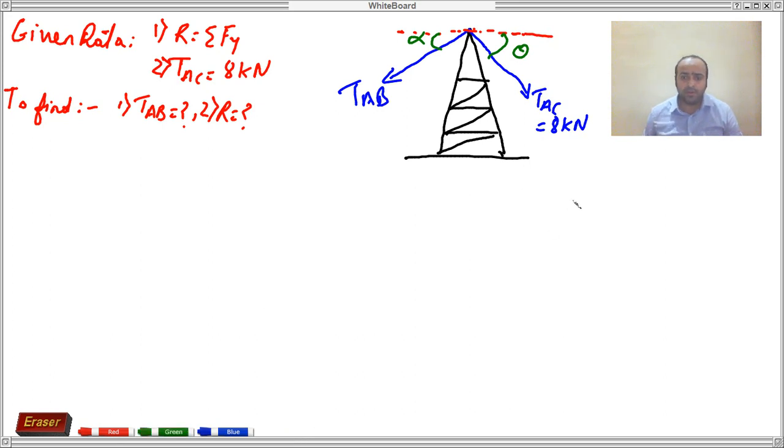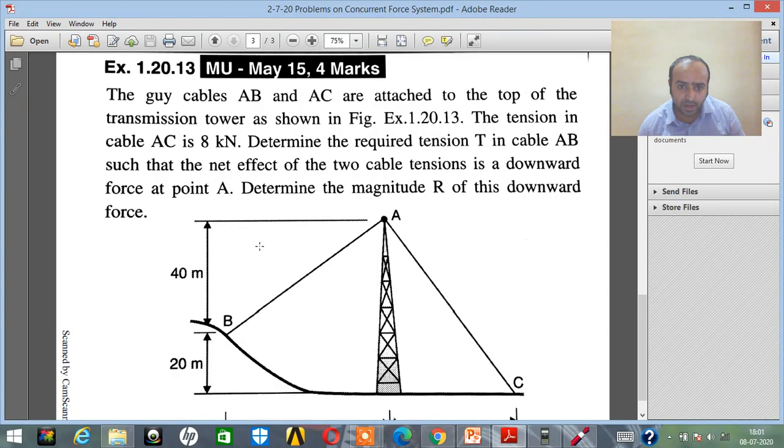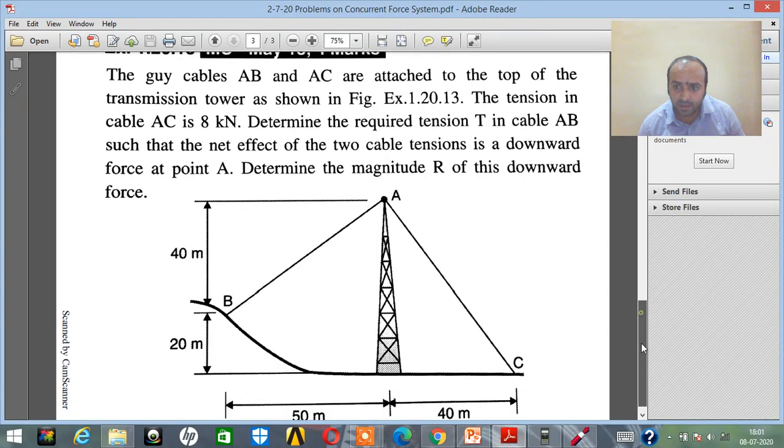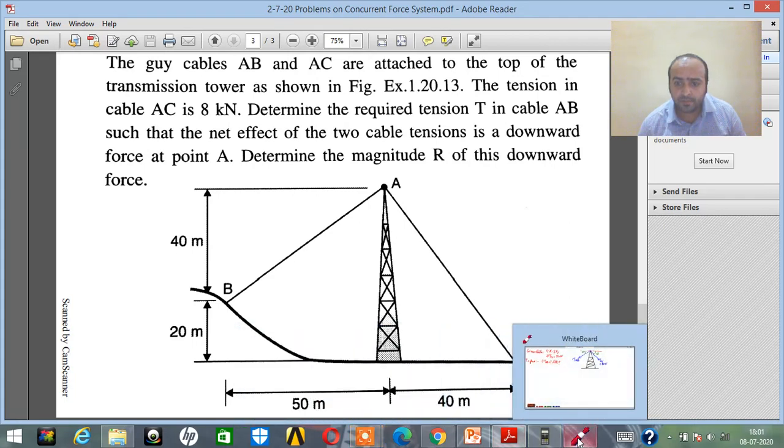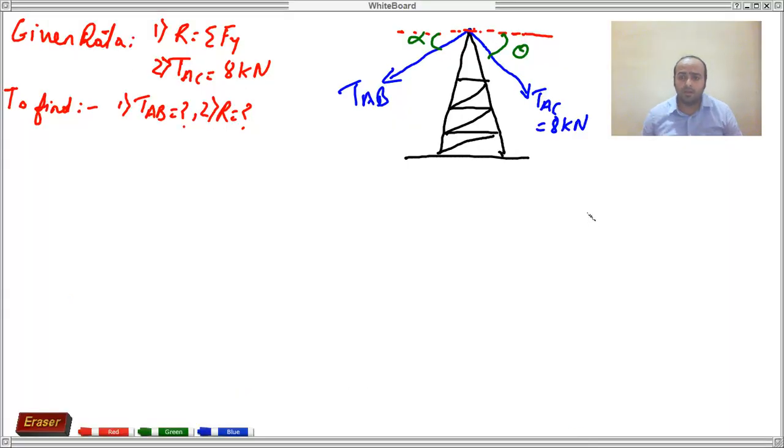Let me draw the proper question's diagram. Just for your convenience, I'll be showing it again. This is the entire diagram. These are the distances given, so that now we can go ahead with the free body diagram later on. Now I would like to draw it. So it will be first and foremost like this.